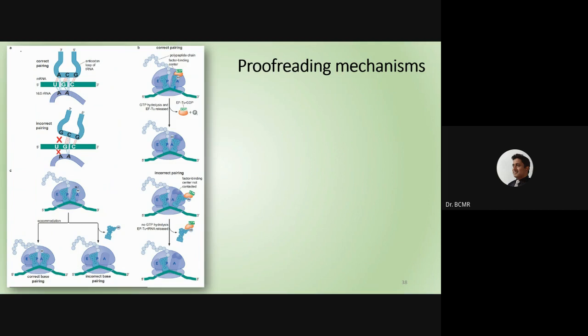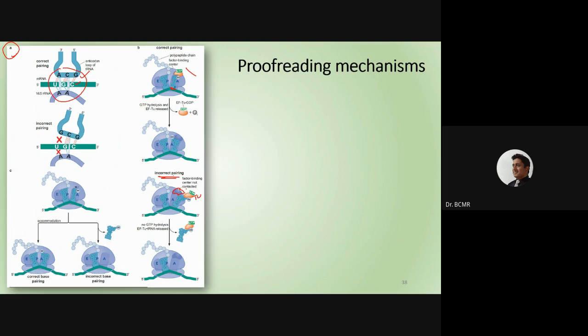One of my favorite is this one, which we will discuss gradually. One of the mechanisms uses directly the interactions between codon and anticodon. The other proofreading mechanism is if the base pairing is not appropriate, meaning incorrect pairing of codon and anticodon, then the EF-Tu does not fit into this factor binding center.